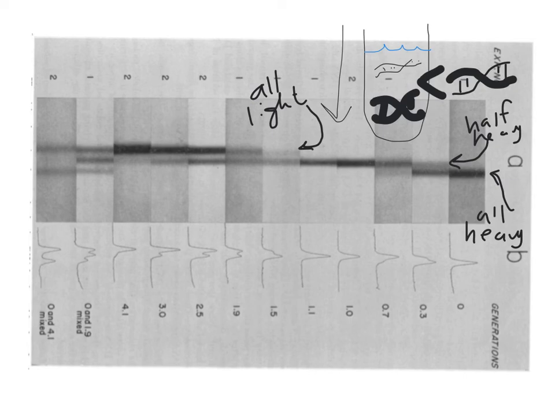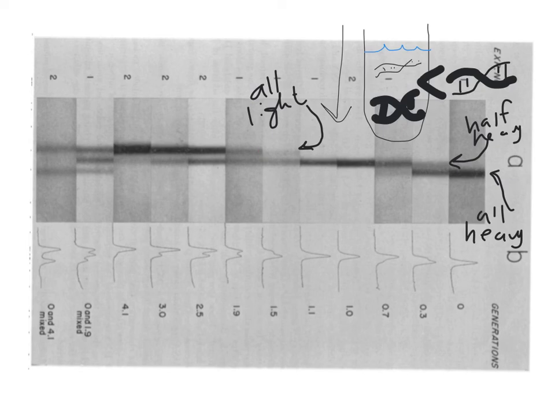And when we look at generation 1, there is no all-heavy band, there's no all-light band. All there is is one big whopping half-heavy band. I don't need to beat the dead horse. What happens at generation 2? Half of the half heavy. Well, they didn't quite get to generation 2, they got to generation 1.9, but that's pretty close. They're equal ratios, as we predicted, 50% half heavy, 50% light.